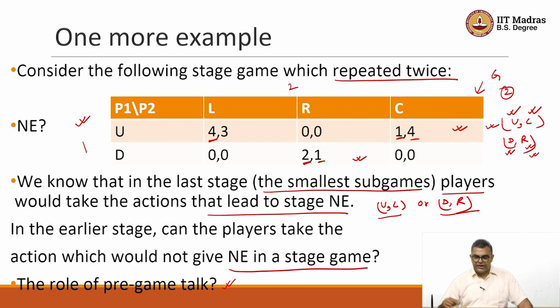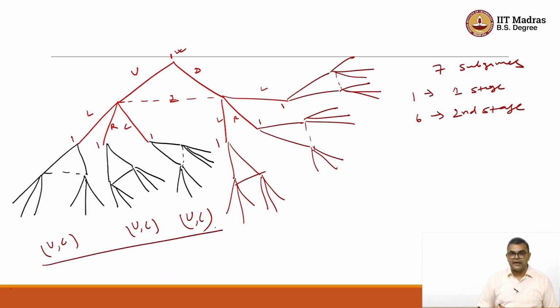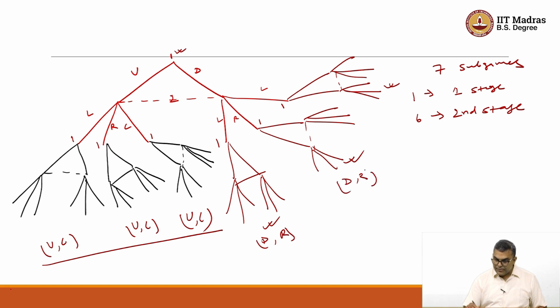But what has changed here is that in this setting, there are two Nash equilibria, U, C or D, R. So it's not necessary that in all the subgames, U, C is being played. It's possible that in 3 of these subgames in the second stage, U, C is played, and in the remaining 3, D, R is being played. Because remember, each player is deciding independently. There is no external agent enforcing a particular strategy profile or outcome.